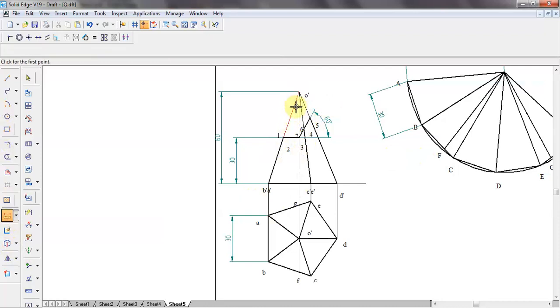This distance from here to here is 31.73. So take this point and 31.73. Cut it here. Similarly on the other side also you can cut it.